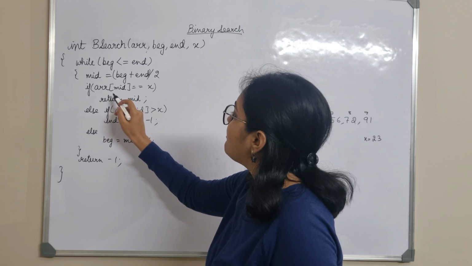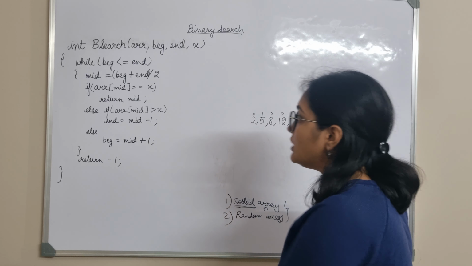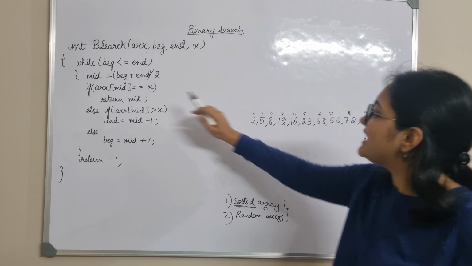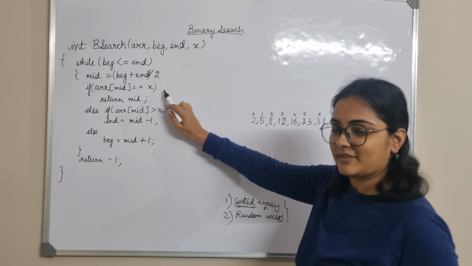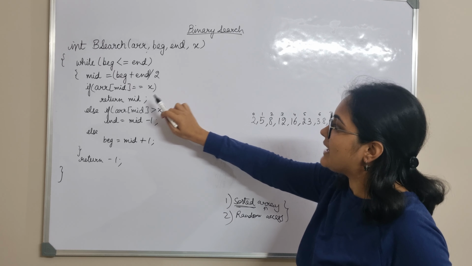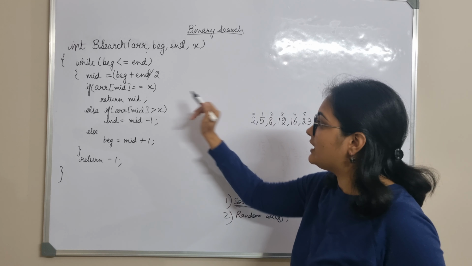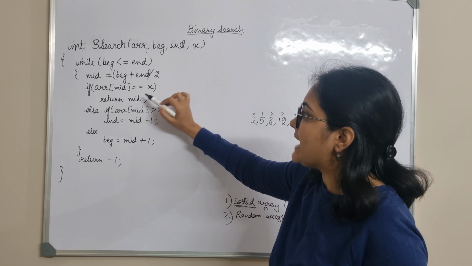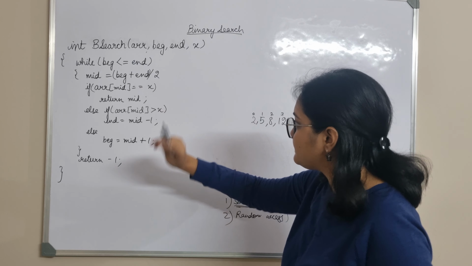Then if array of mid equal to x, what do you do? If the middle element is equal to x, then return mid. Return that particular index that we have found, the element at this particular index, then return the index.